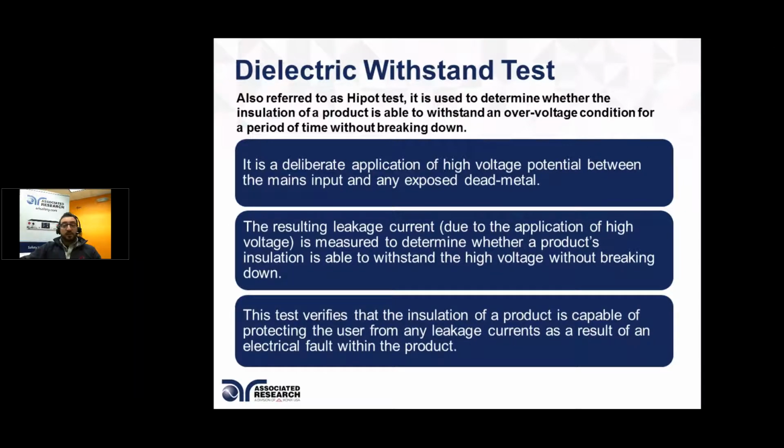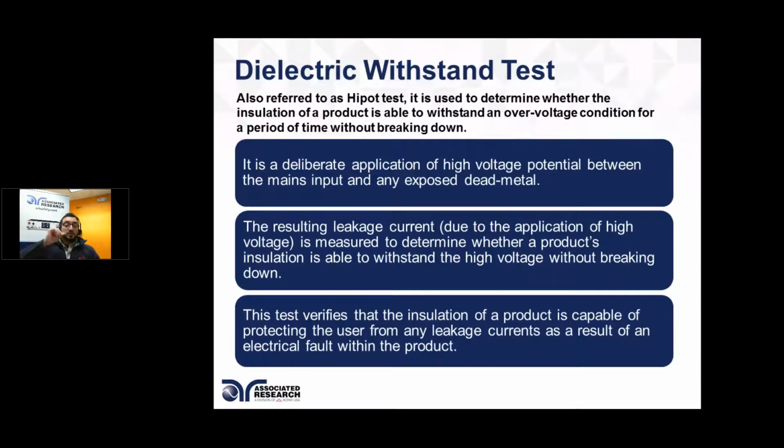This determines how much current the insulation will allow to flow, and based on that measurement, the HiPot test can determine whether the insulation is good or needs to be looked at.